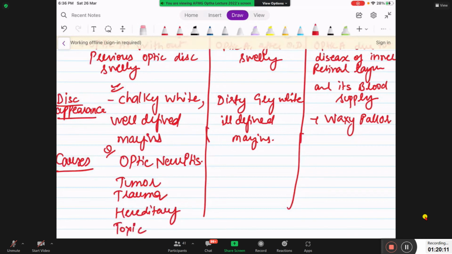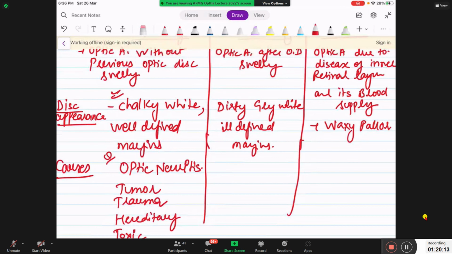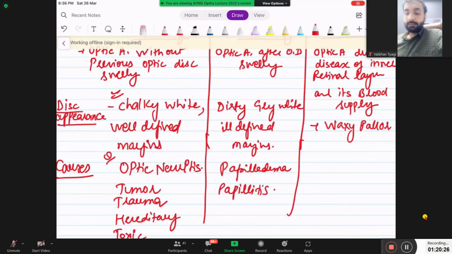Whereas secondary causes, write down, papilledema and papillitis.